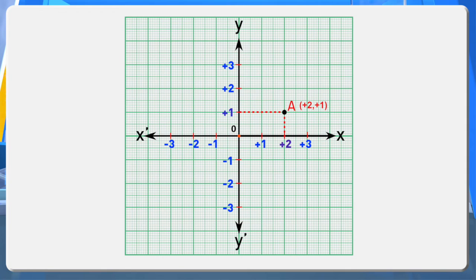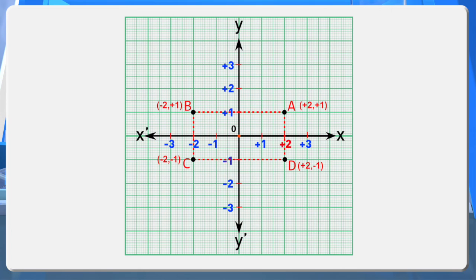Here, positive 2 is called the x-coordinate of A and positive 1 is called the y-coordinate of A. Similarly, the x and y coordinates of B are negative 2 and positive 1. That of C is negative 2, negative 1. And that of D, positive 2, negative 1.